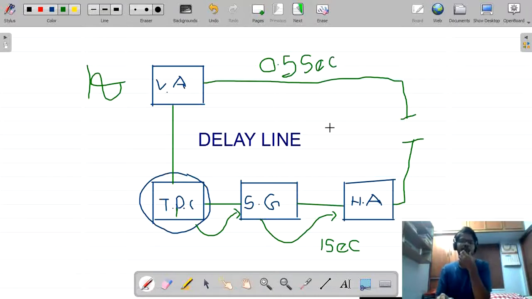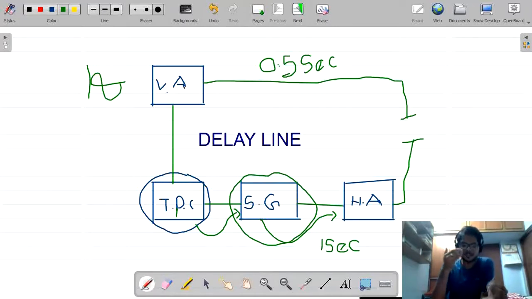Now what will happen? Now there is a loss of signal. How will our signal be lost? See, my signal will take a complete 1 second to reach the horizontal deflection plate. At 0.5 seconds, my sweep generator has not started.